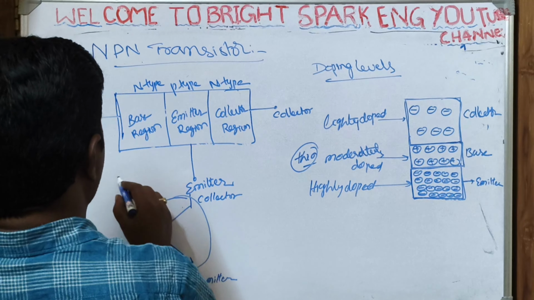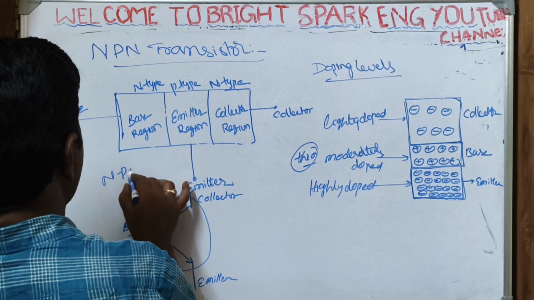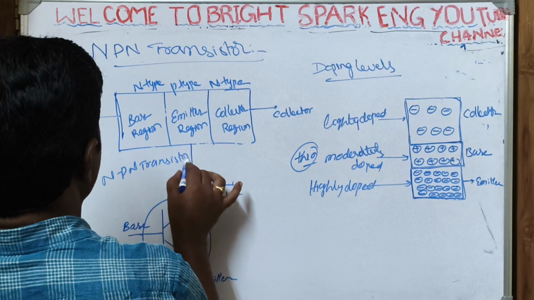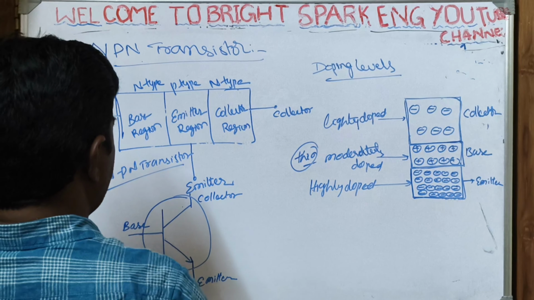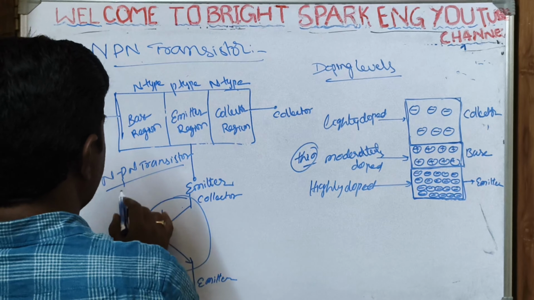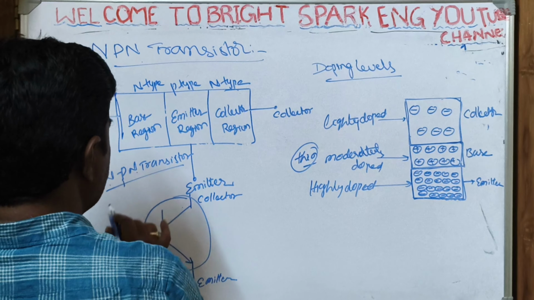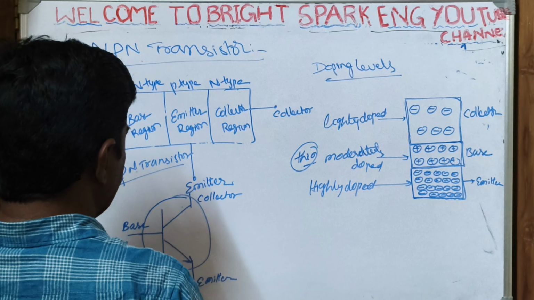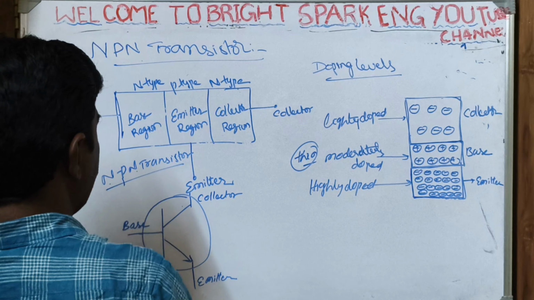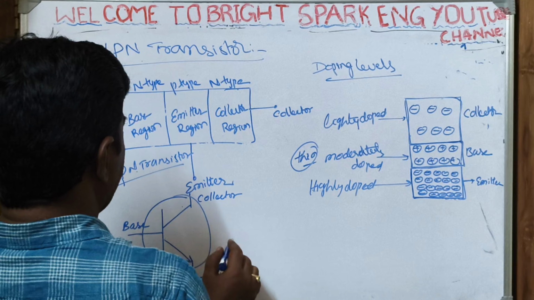Here the arrow points outside. You remember, the symbol is like outside. This is NPN transistor.